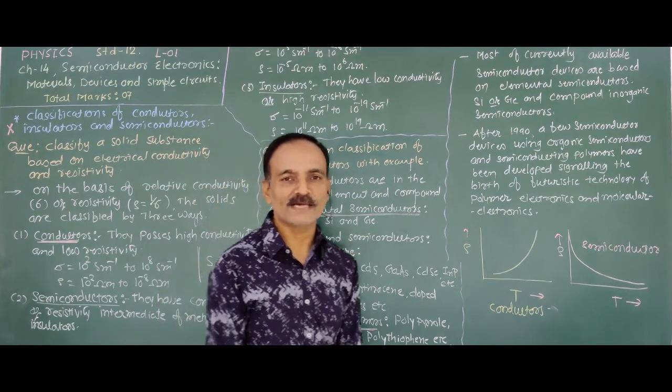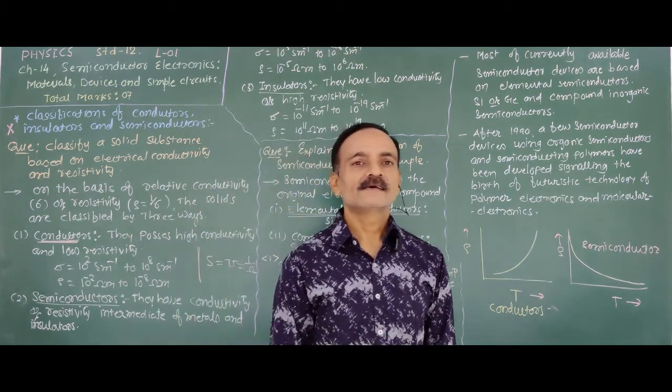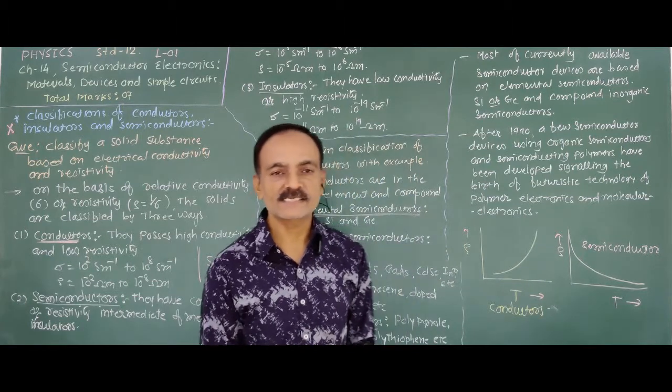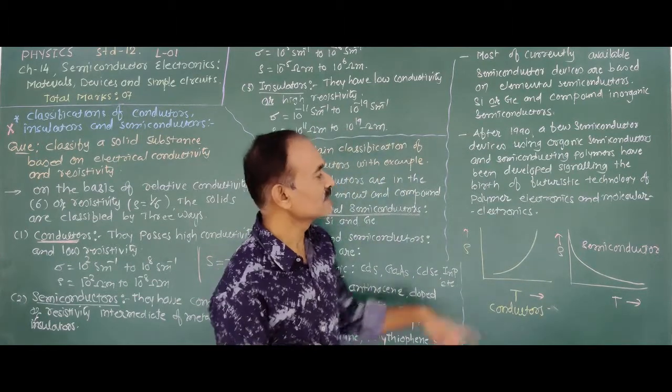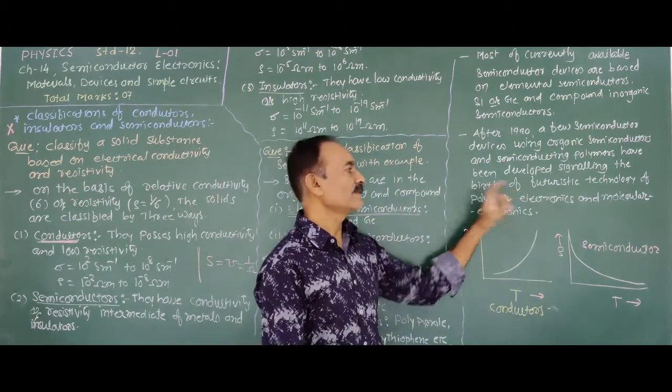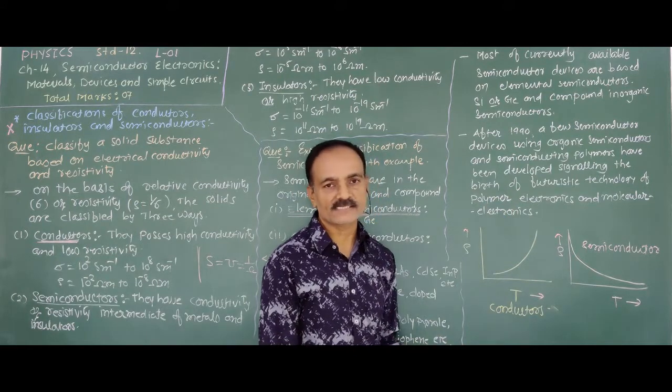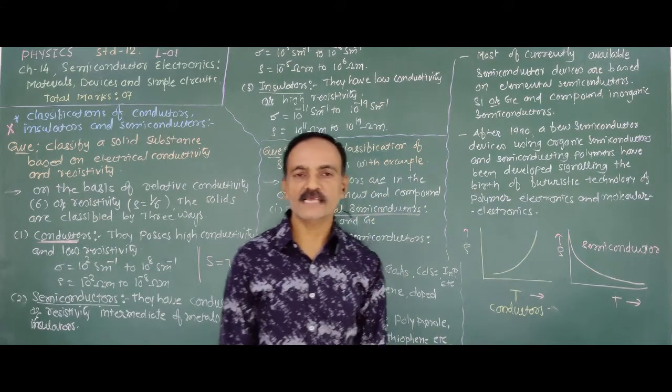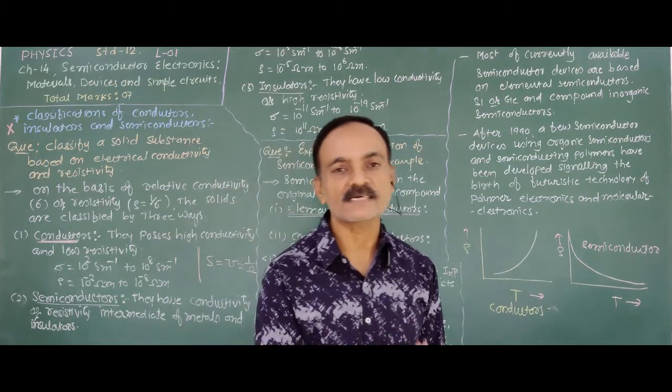Electronics is not a single branch. At present, wide inventions take place in the electronic branch due to polymer electronics and molecular electronics. The technology is becoming very fast at present.